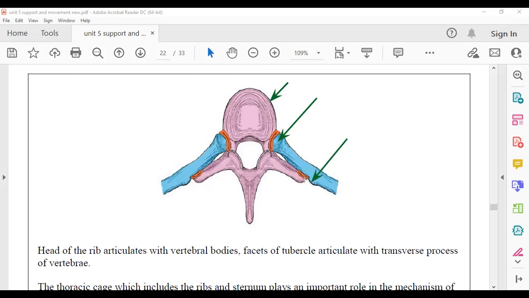This is the tubercle. Facets of the tubercle articulate with the transverse process, correct? Yes, sir. Could you please label those four: body, head of the rib, tubercle, and the transverse process?